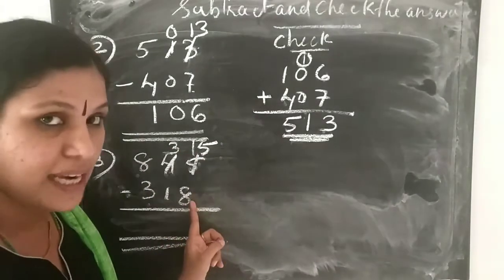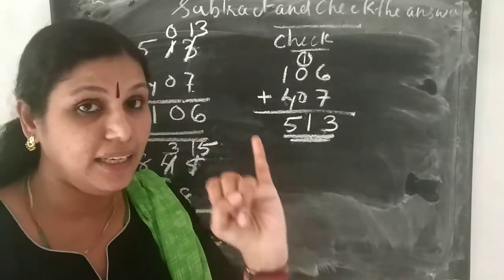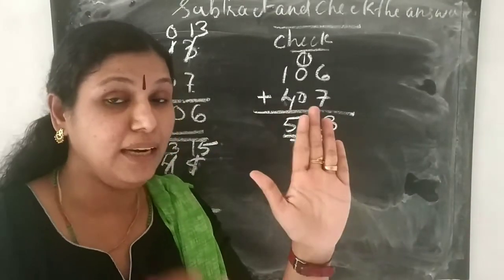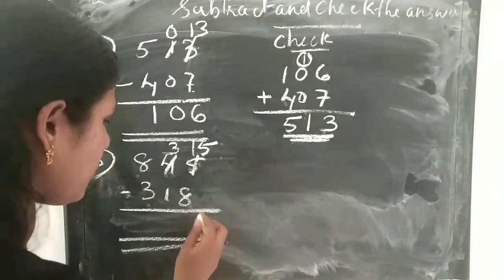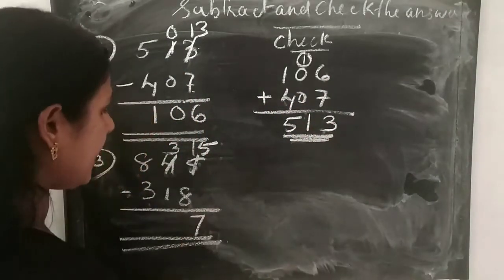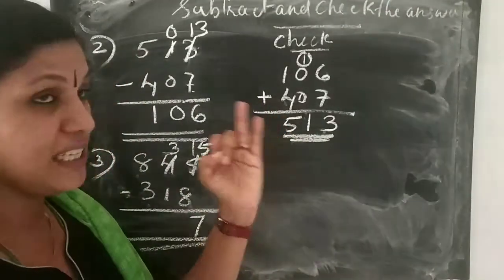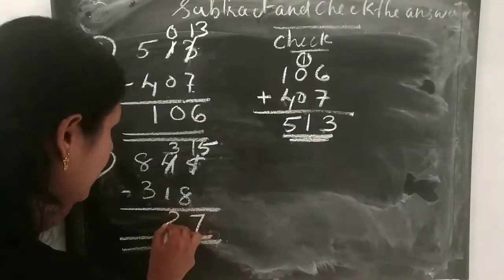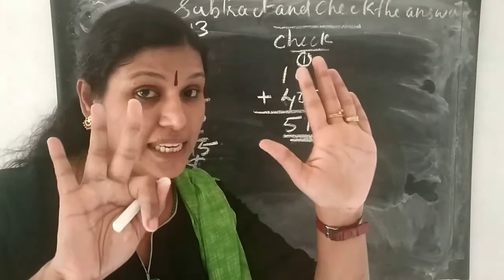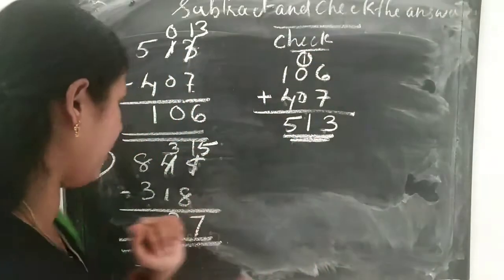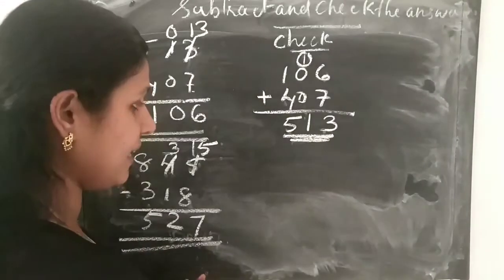Now after 8, count up to 15: 9, 10, 11, 12, 13, 14, 15. So here we get 7. So we write 7. Now 3 minus 1 is 2. So here we write 2. Then 8 minus 3 is 5. So here we get the difference as 527.